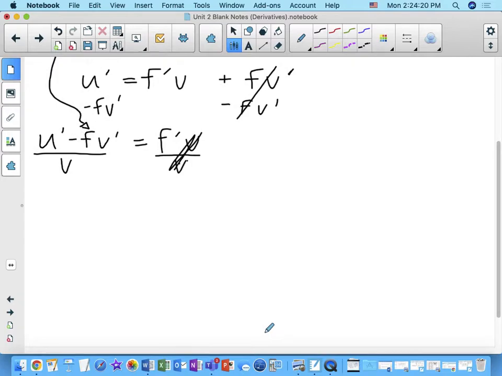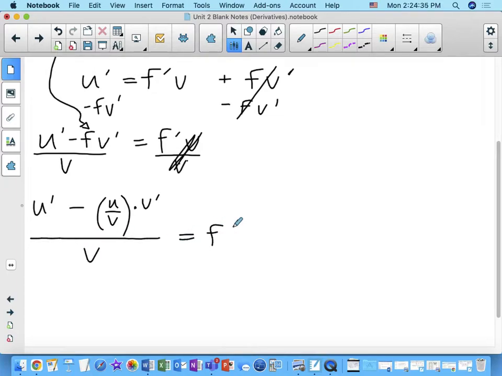So I'm going to get u prime minus u over v times v prime over v equals f prime. Okay, so I've subbed in a u over v for f. Now what I want in this numerator is a common denominator, because right now the u prime is just over 1, and this u times v prime is over v.